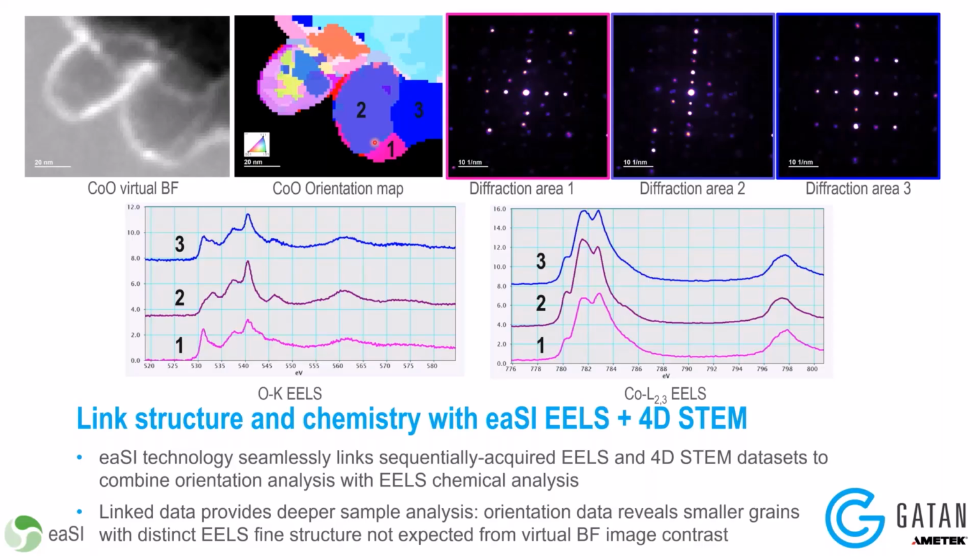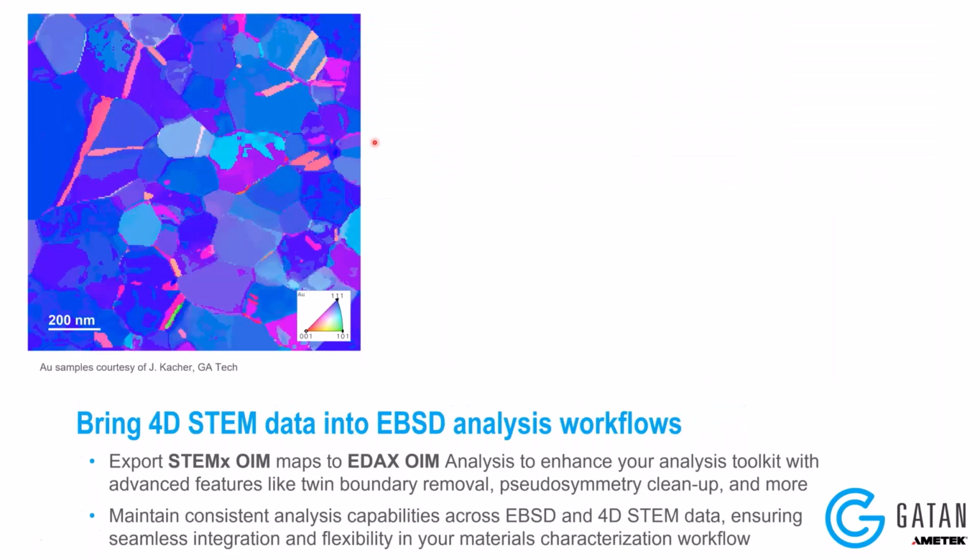So by using DigitalMicrograph to sequentially acquire the EELS data and the 4D STEM data, you can have a really powerful method of combining, again, the diffraction information with the chemical and elemental information and result in deeper sample analysis capabilities that isn't really possible through other techniques or through other processing methods.